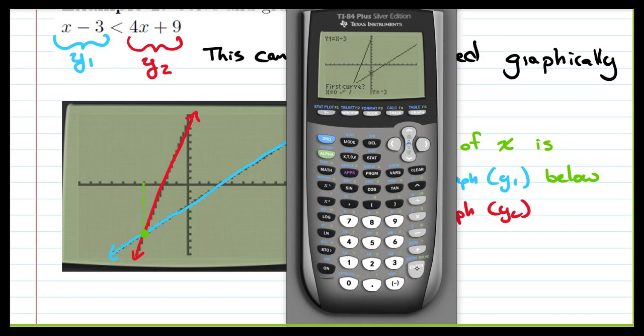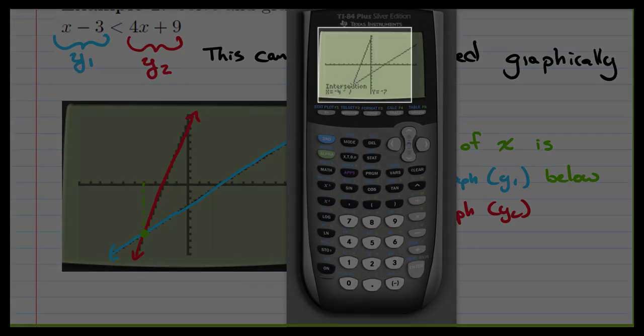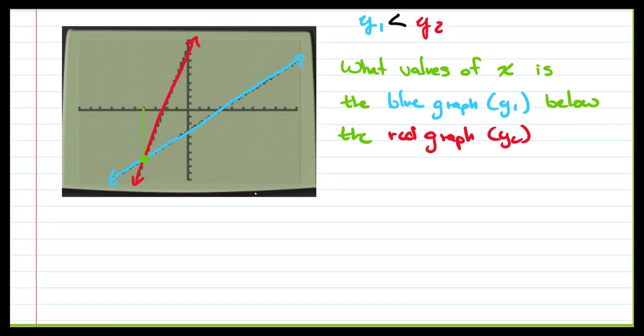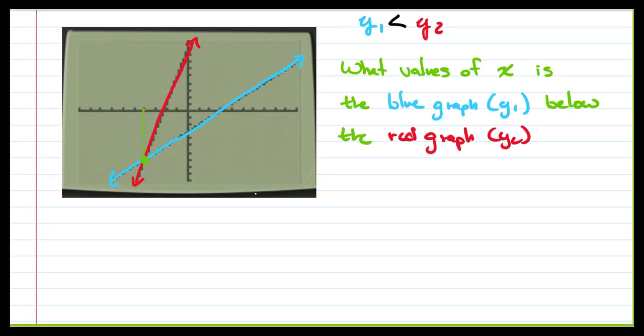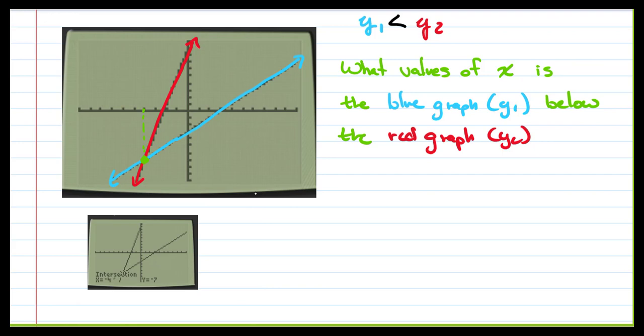If you only graph 2 things, it's really easy. You just hit enter, enter, enter. First curve, second curve, guess. And it will find the intersection of those 2 things. And when we do so, our calculator should have given us something that looks like this. And indeed, it does confirm what we thought, that our x value was -4.